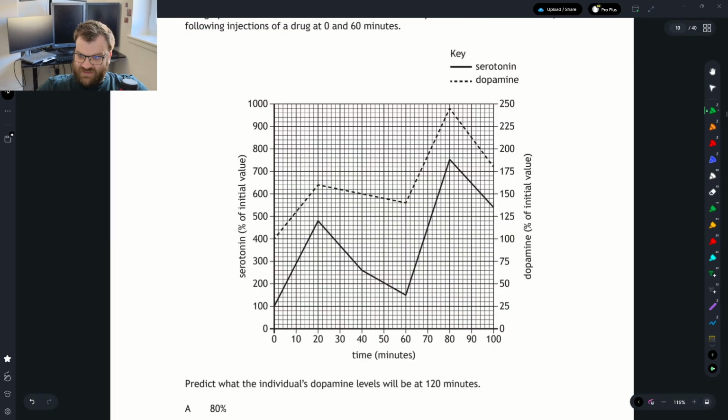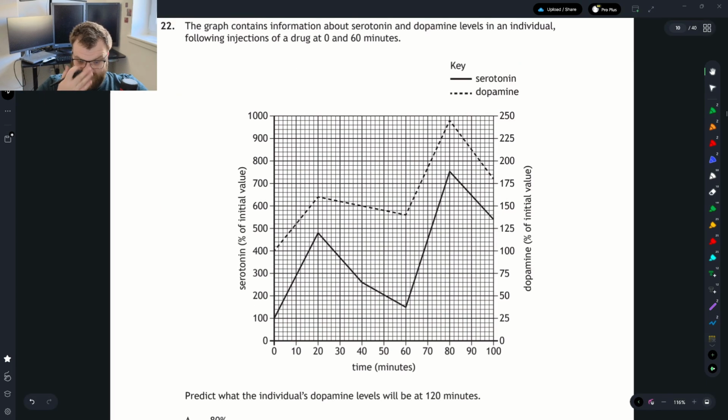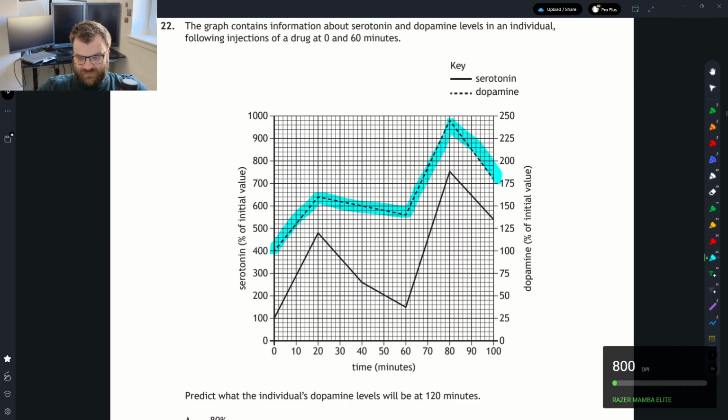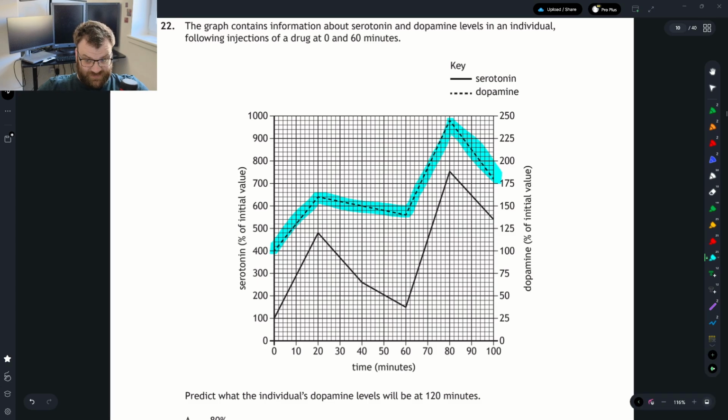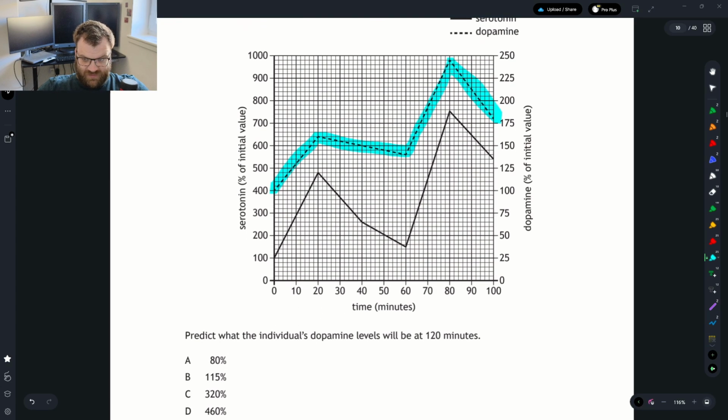Okay, in this question, we're asked to predict the dopamine levels at 120 minutes. So dopamine is our dashed line, and we need to ensure that we are reading it off the right hand axis. So what's happening to it?